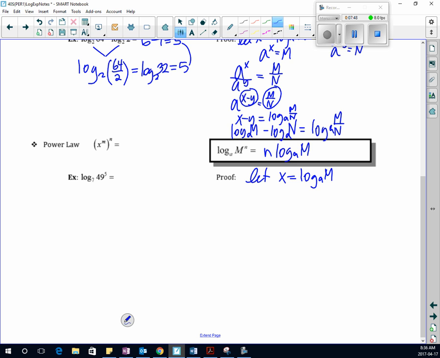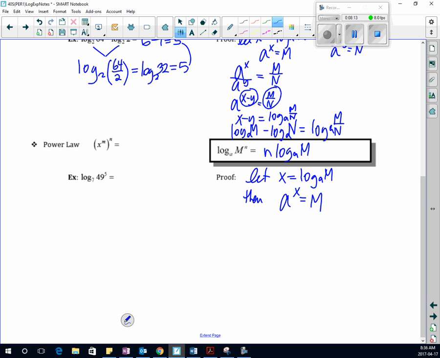Okay, and then we're going to put this into exponential form. So what does it become? a to the power x equals m. Is everybody good with that? So just like I can square both sides, or square root both sides, or fifth power both sides, I'm going to n power both sides.